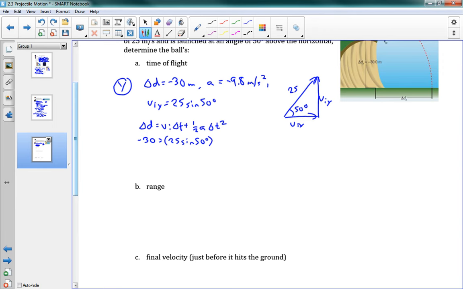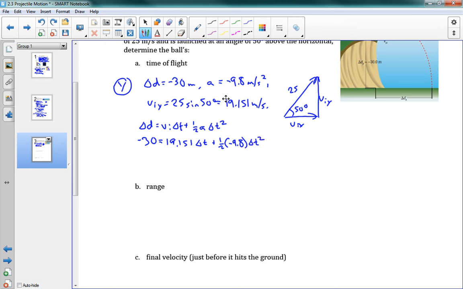Actually, I'm just going to give that 25 sine 50 degrees an actual value. So up here, this is equal to 19.151 meters per second. Okay, so we can say 19.151 delta t plus 1/2 times negative 9.8 delta t squared.